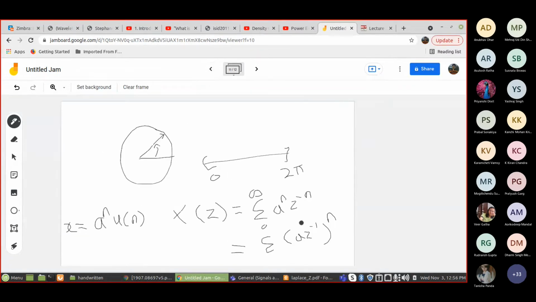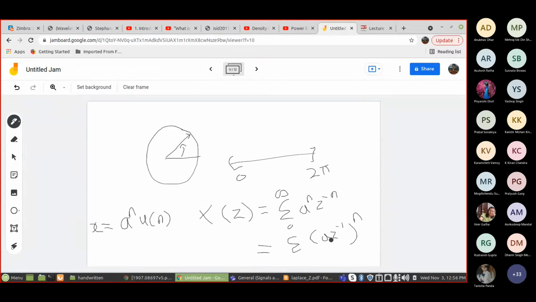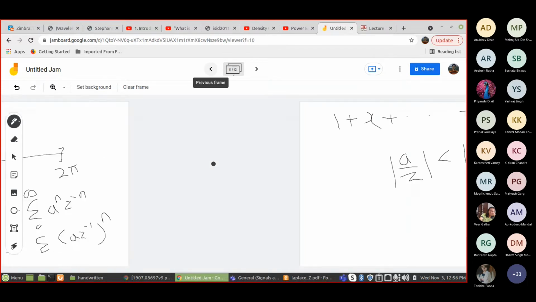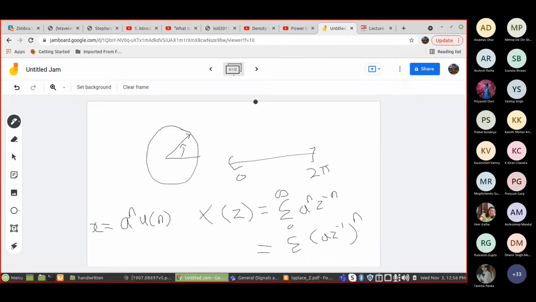So we want mod of a over z to be strictly less than 1 for this sum to converge.